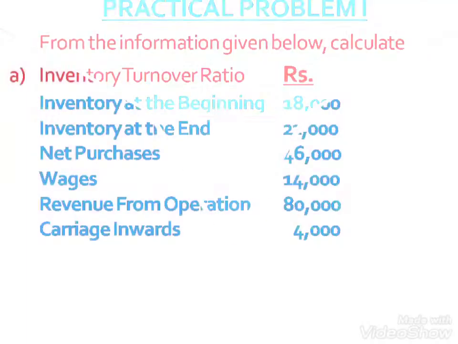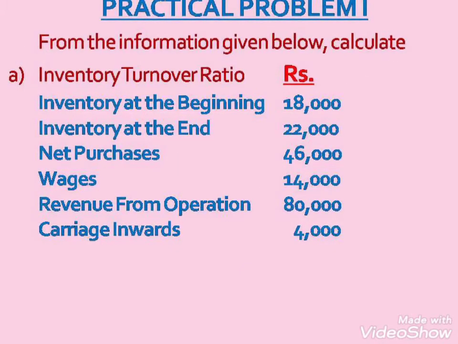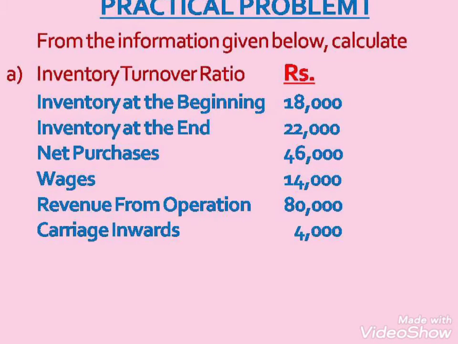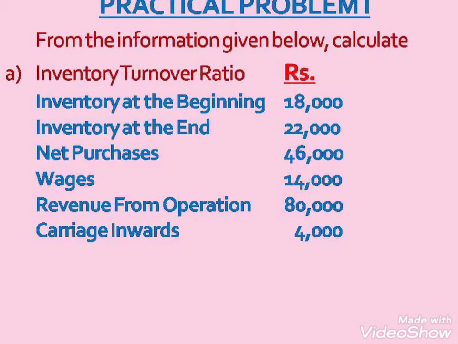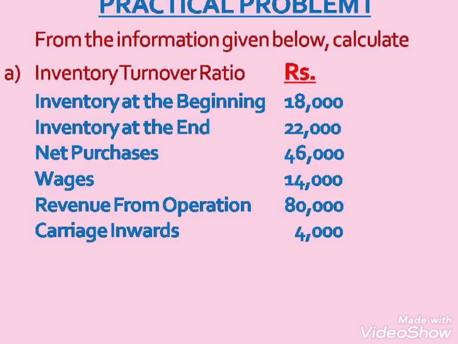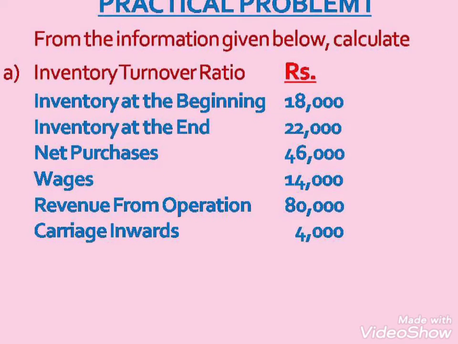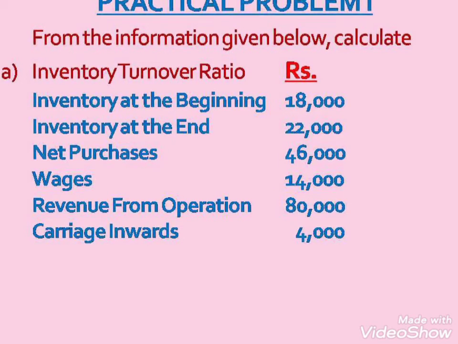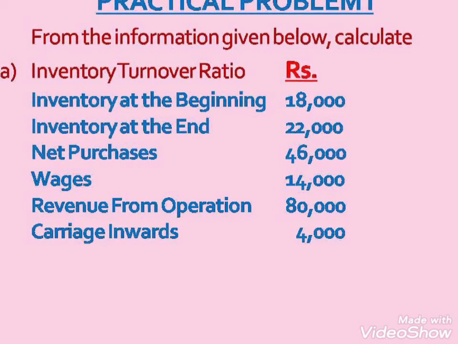In the practical problem 1, the information is given: inventory at the beginning of the year, inventory at the end of the year, net purchases, wages, revenue from operations, and carriage inwards. On the basis of this information, we have to calculate inventory turnover ratio.